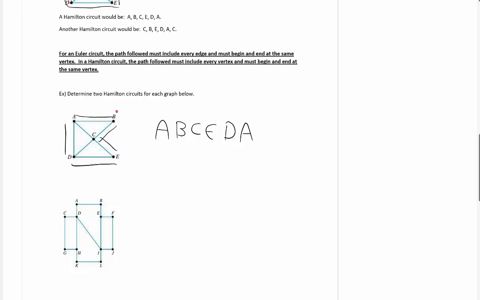Let's start with B this time. So I could do B to A, A to D, D to E, E to C, and then C back to B. So again, starts and finishes at vertex B, and every other vertex is touched exactly once.